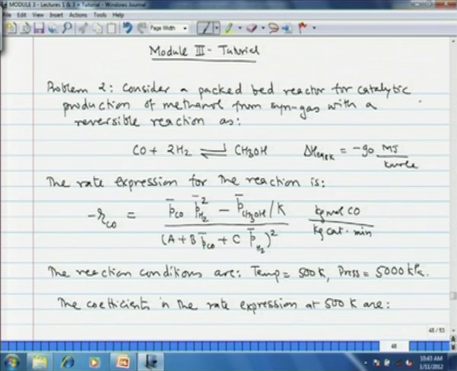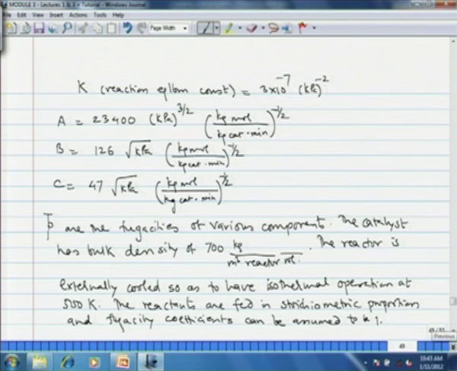The reaction conditions are quite harsh, temperature of 500 Kelvin, pressure of 5000 kilopascals or 5 megapascals. The coefficients in the rate expression at 500 Kelvin are these A, B, C. K is the equilibrium constant, 3 into 10 to power minus 7 kilopascal raised to minus 2.